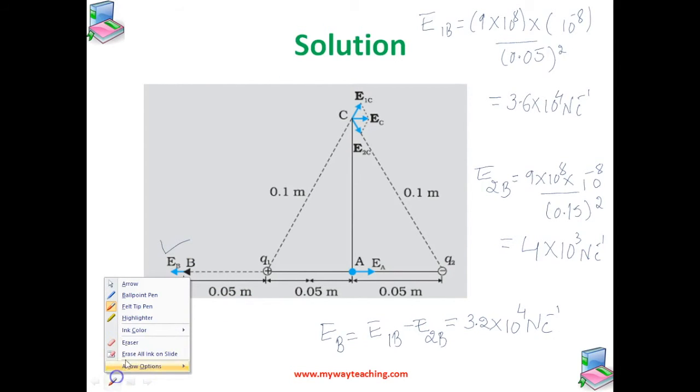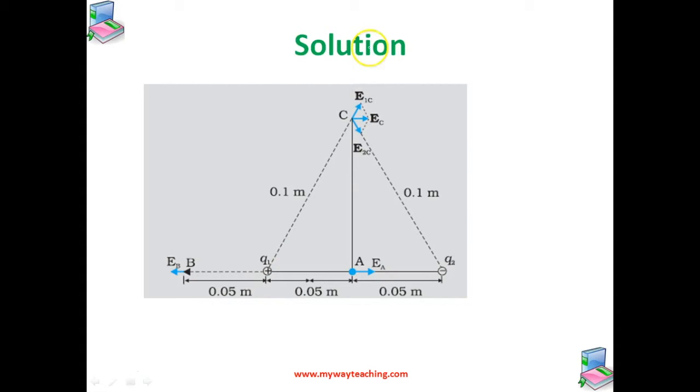Now the next part, that is the electric field at point C due to charges Q1 and Q2. Here again both are at the same distance, and E1C will be equal to E2C, which will be equal to 9 into 10 raised to 3.